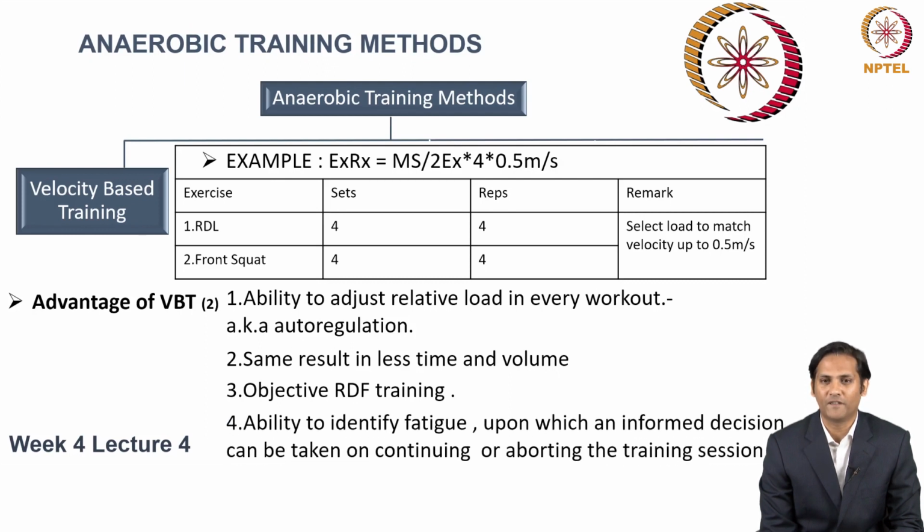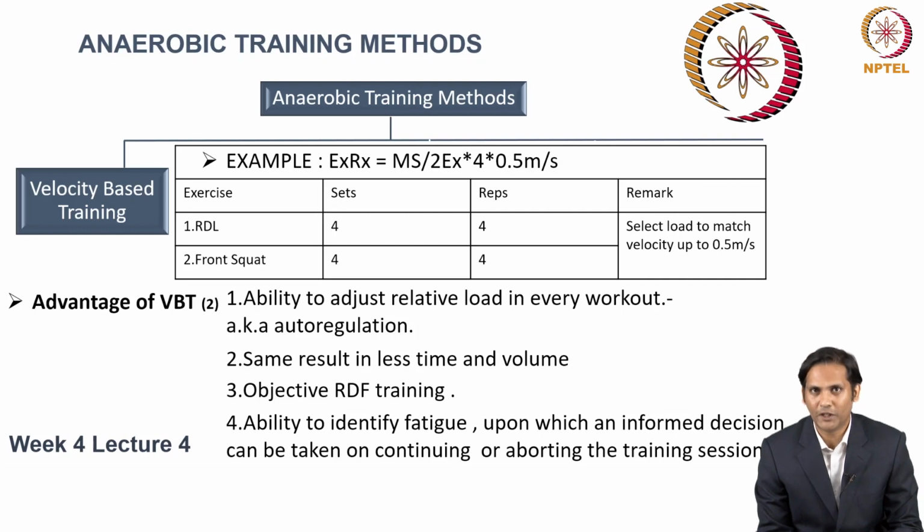Ability to identify fatigue. This is one of the advantages of a velocity-based training device, upon which an informed decision can be taken whether to continue the workout or to abort the training session. As an example, you perform a Romanian deadlift with 80 kgs at 0.5 meter per second in week 1.